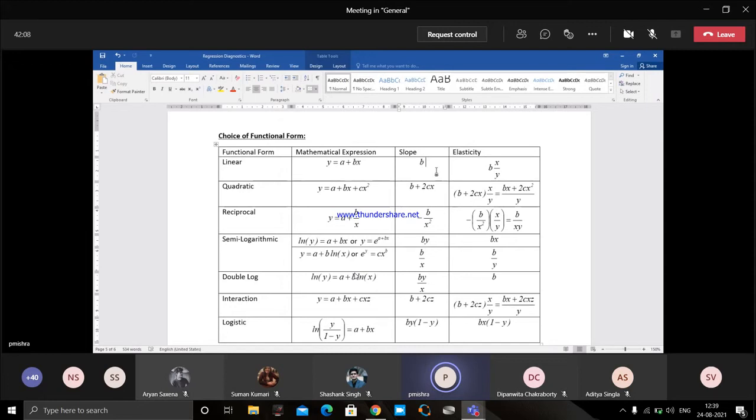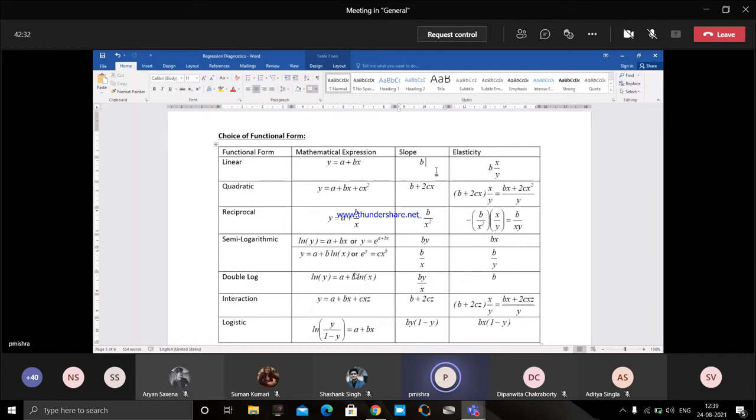Now, this perspective would be very, very important. For simplification of your model, you can always assume the function to be linear. But a quadratic expression may have some important implications from a policy perspective. How?